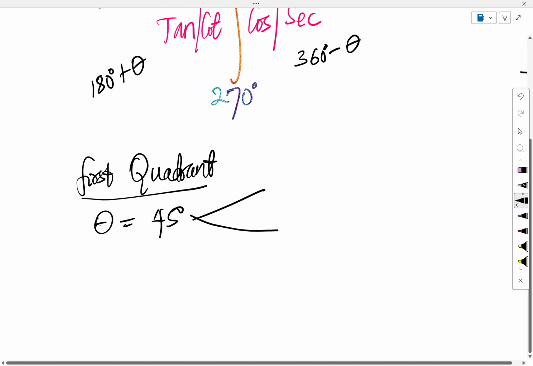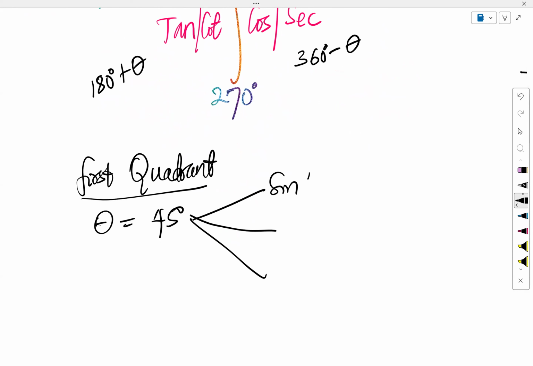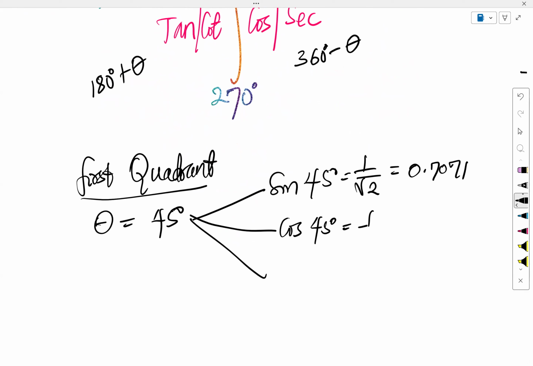Sine 45 degrees is 1 over root 2, which is 0.7071 or so. Cos 45 degrees is also 1 over root 2, with the same 0.7071. And lastly, tan 45 degrees is equal to 1.